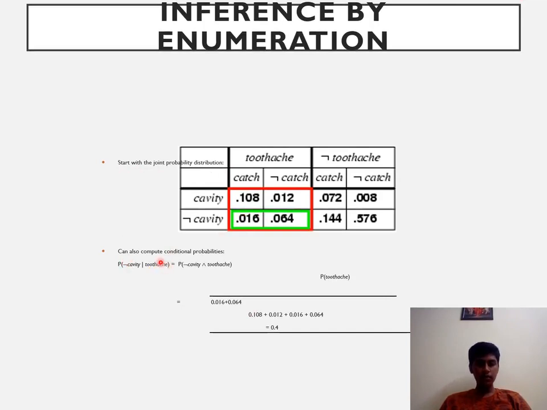We can also compute conditional probabilities, like P(¬cavity | toothache) = P(¬cavity ∩ toothache) / P(toothache). Using this formula, we get 0.4.